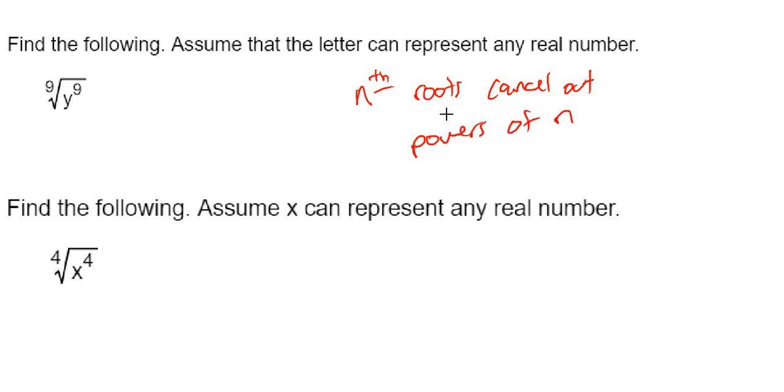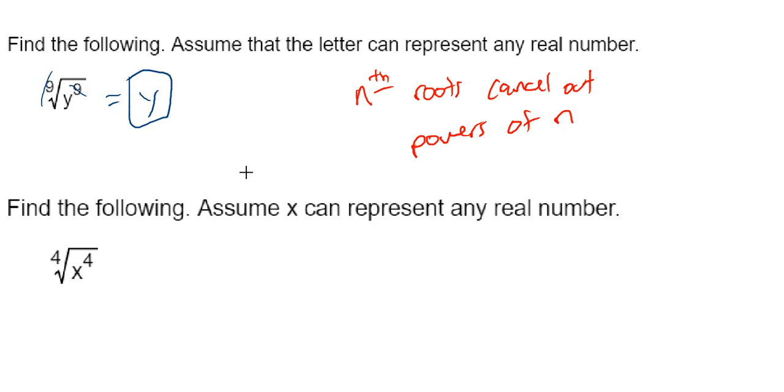So square roots cancel out powers of 2. Cube roots cancel out powers of 3. Fourth roots cancel out powers of 4. Fifth roots cancel out powers of 5. All right, so the same thing is going to happen here. A ninth root cancels out powers of 9. And so this ninth root is going to cancel out that power of 9, and my answer is just going to be y.